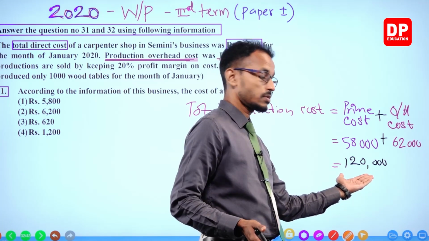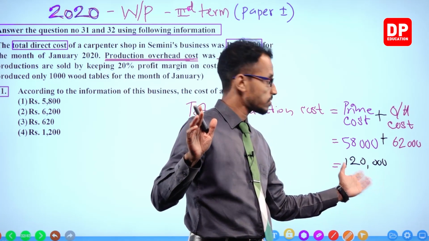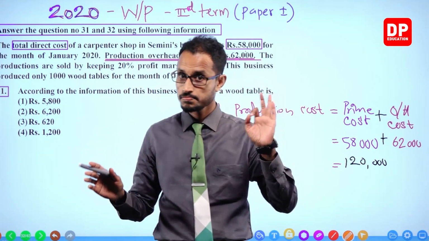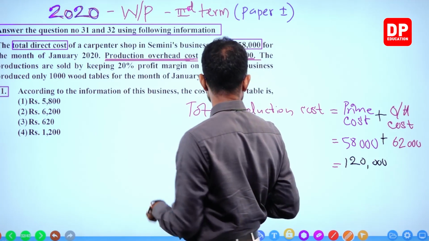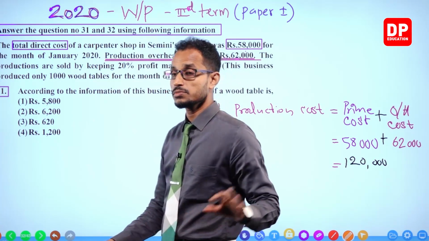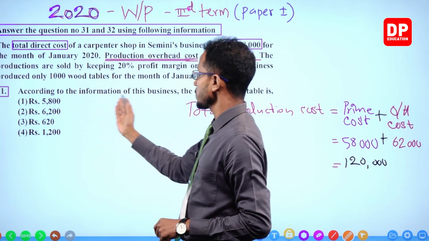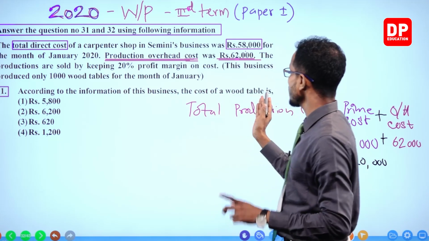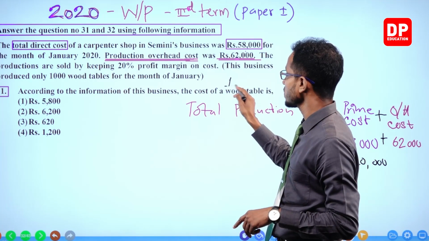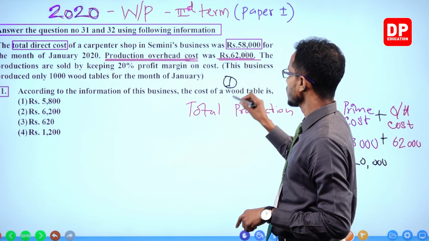You got it, right? That is the total cost. Total production cost 120,000. Now, we have to find, according to the information of this business, the cost of one table. That is the unit cost.